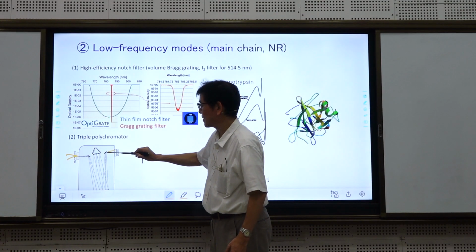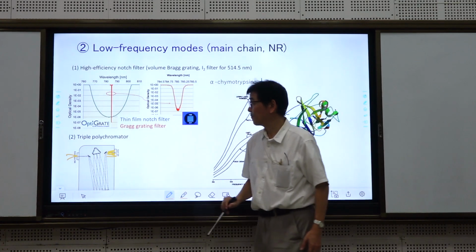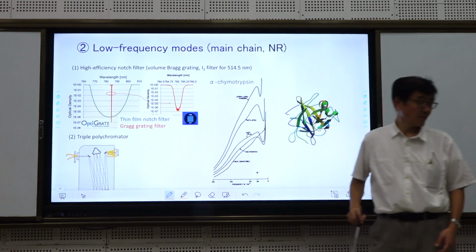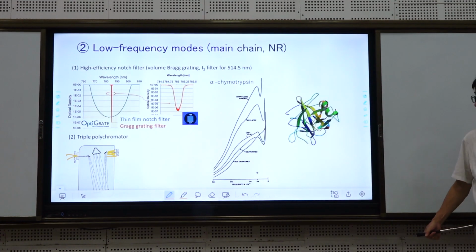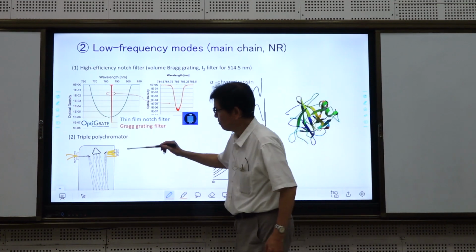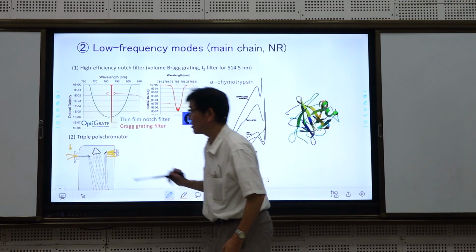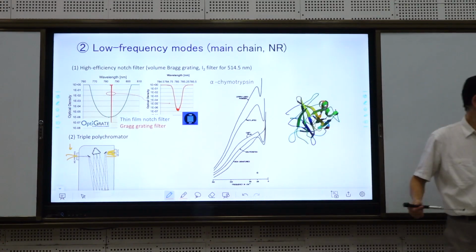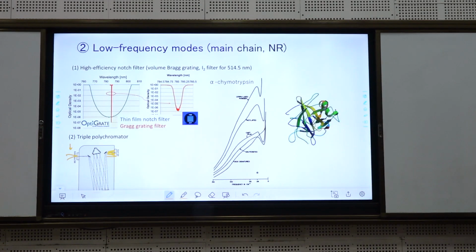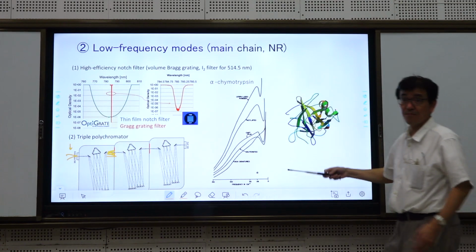So different wavelengths propagate at different positions. And in order to cut the Rayleigh line, usually you put a filter at this position. But we can use the monochromator in this way.